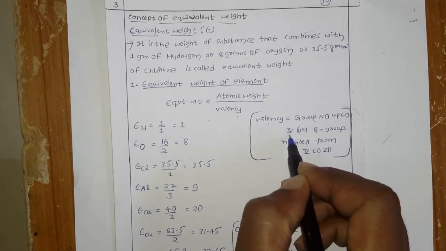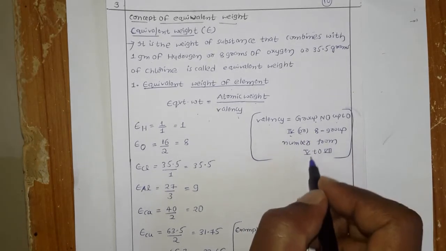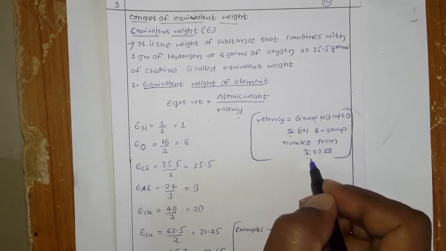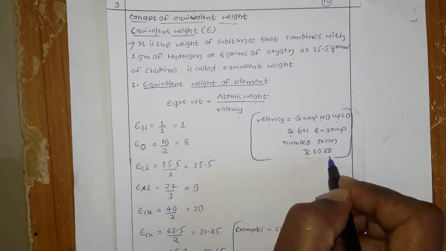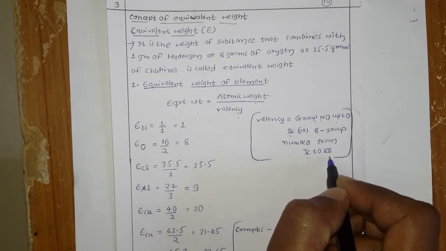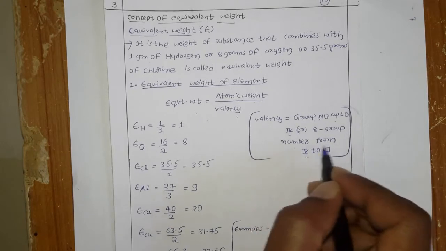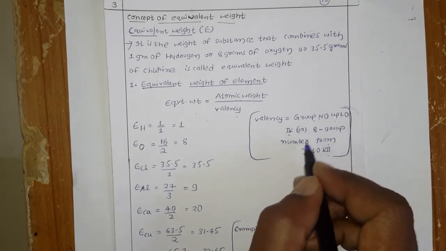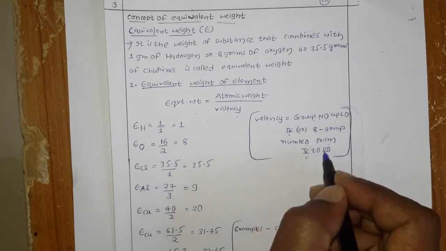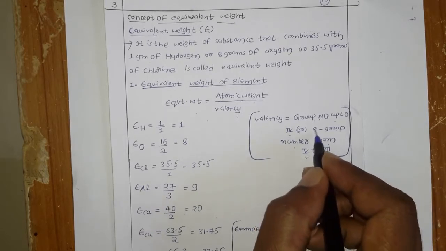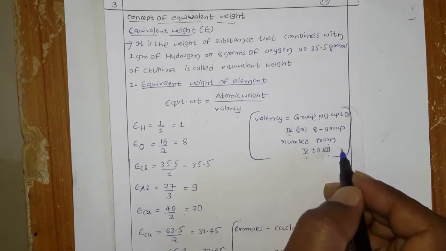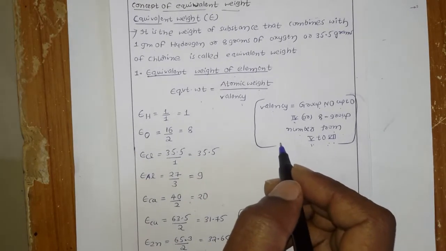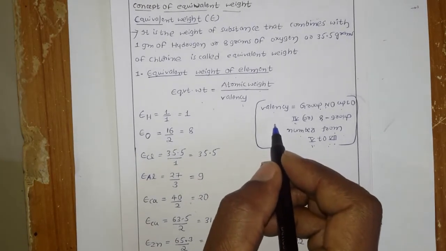Up to 4 it is the group number. But above 4, from the 5th group to the 7th group, the valency is 8 minus the group number. So for the 5th group, 8 minus 5 is 3, and for the 6th group, 8 minus 6 is 2. This is the difference in the valency calculation.